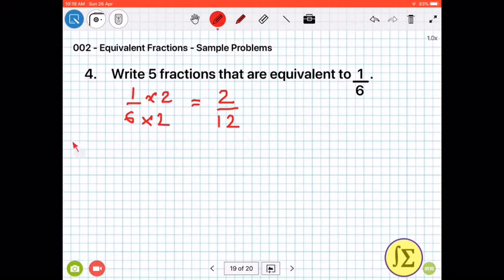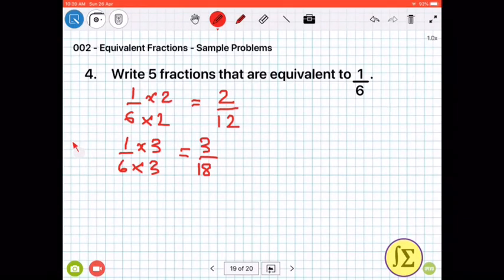All right, another one. 1 over 6, now multiply both the numerator and denominator by 3. 1 times 3 is 3, 6 times 3 is 18. So 3 over 18 is another equivalent fraction of 1 over 6.